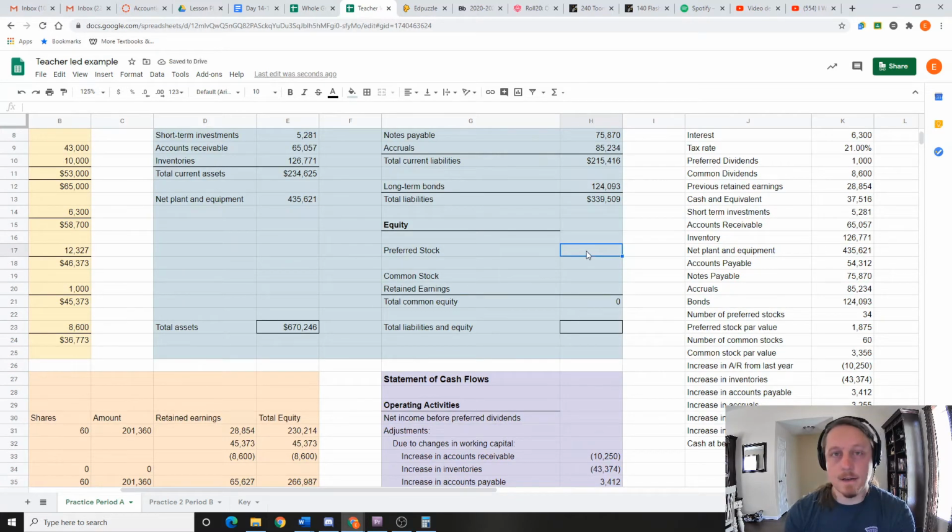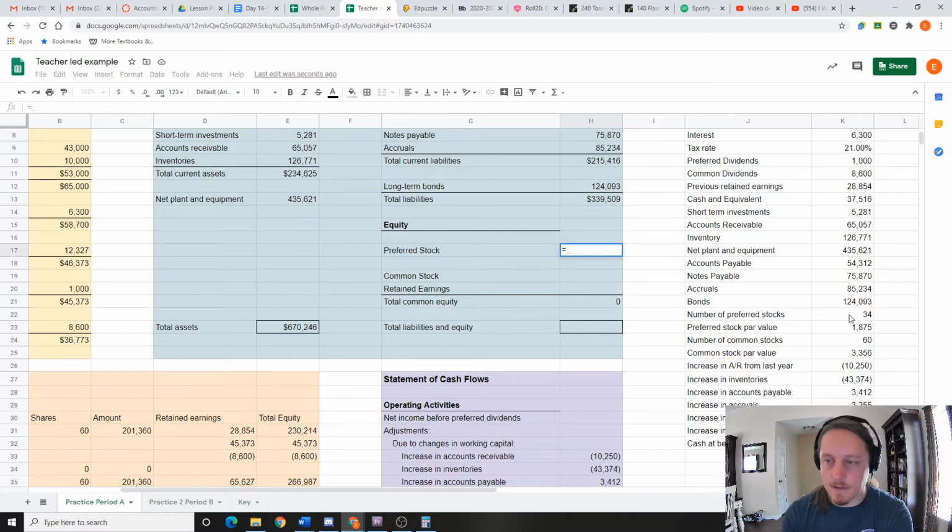Okay, so let's take a look at the equity, and we've got preferred stock. Preferred stock is separate from common stock and retained earnings. That's called common equity. So preferred stock stands alone. It's its own type. So we're going to press equal, and we're going to go over here, and we can see that we have 34 preferred stocks at a value of 1,875.